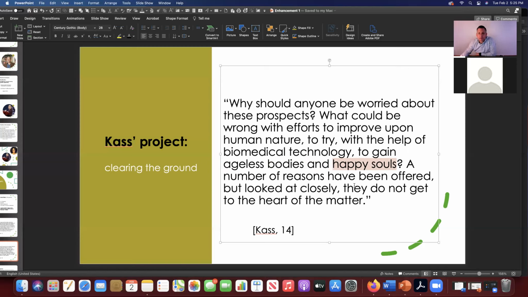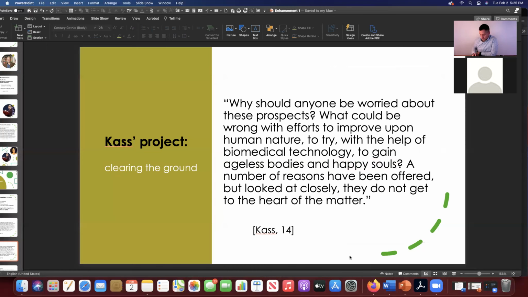A number of reasons have been offered, but looked at closely, they do not get at the heart of the matter. Okay, so there have been various reasons offered for what could go wrong with using biomedical technology to improve ourselves, such that we live longer and that we're happier, to put it simply.